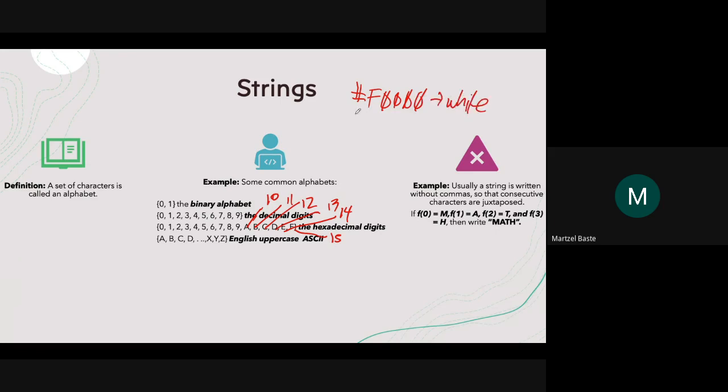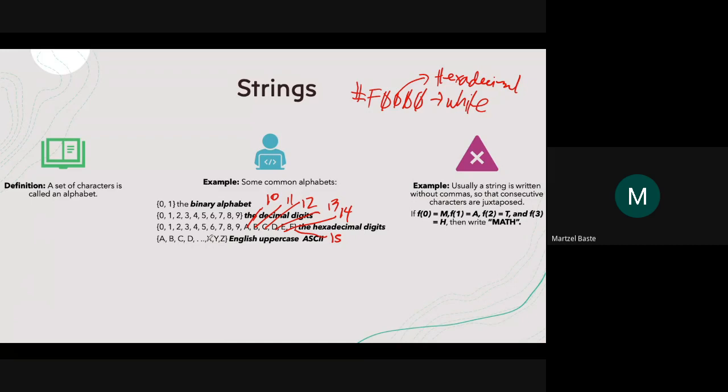We call these hexadecimal colors, hexadecimal value colors. If you've seen color wheels, those are hex colors. It's a combination of 0 to 9, deci, and A to F, hex, to form a hexadecimal value, which is 0 to F.